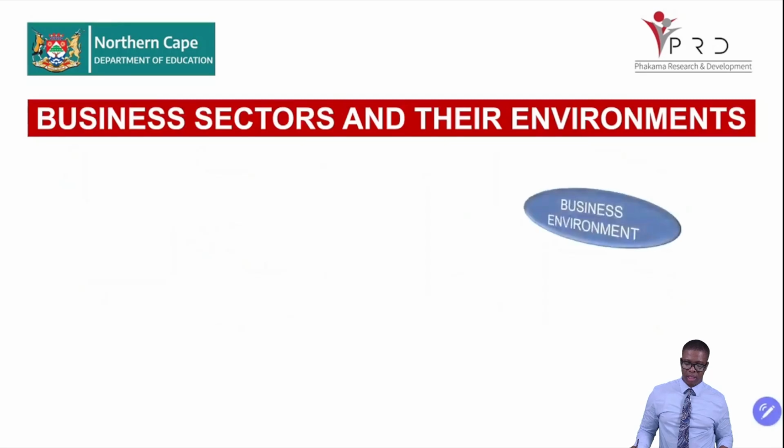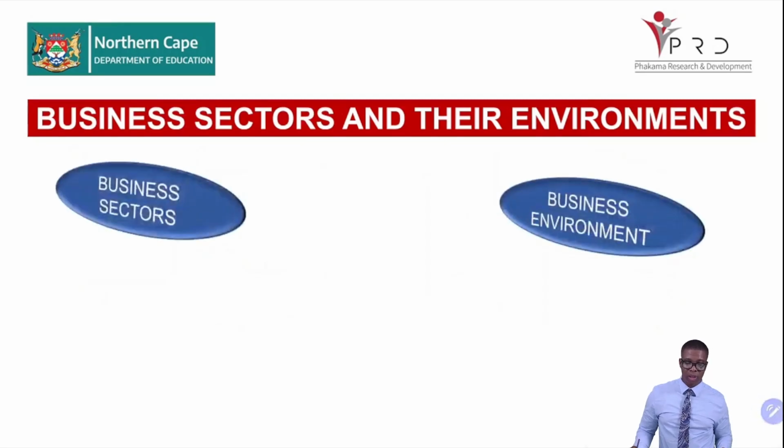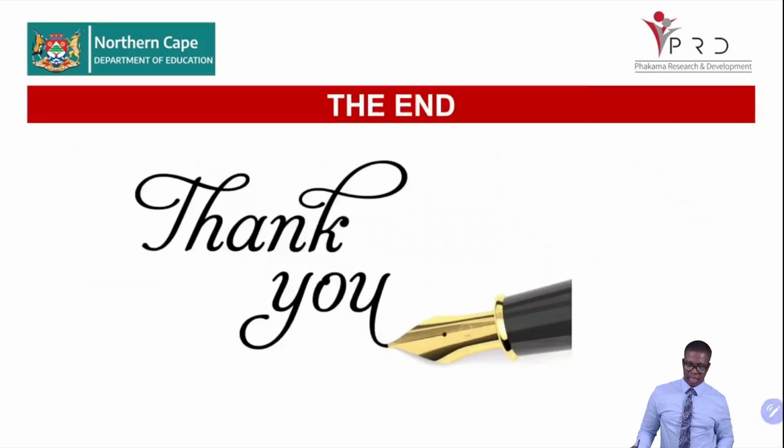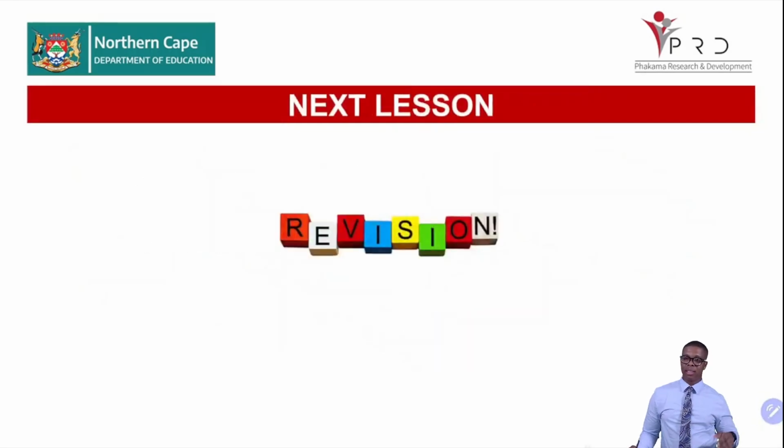And then we also dealt with the business sectors, where we looked into how to code the challenges, how to classify the environments, then how to state the extent of control. And the revision for the next lesson will be on business operations, and we'll be looking into how to deal with human resources and how to deal with quality of performance.